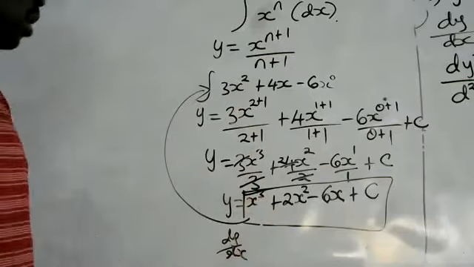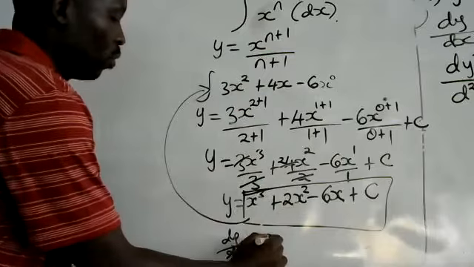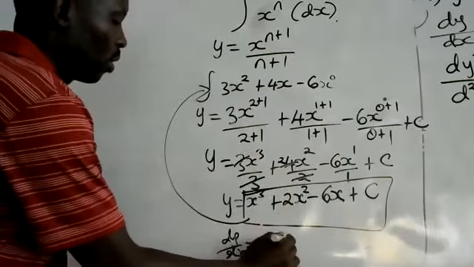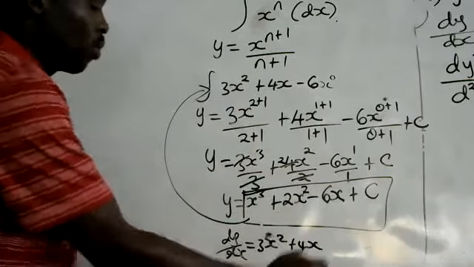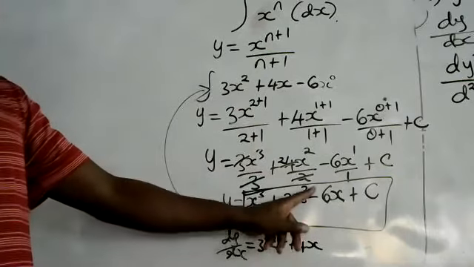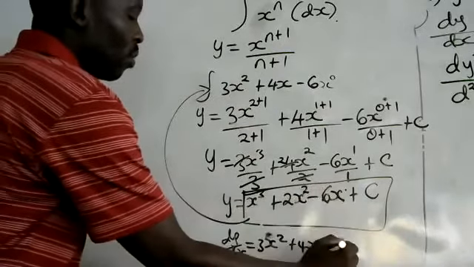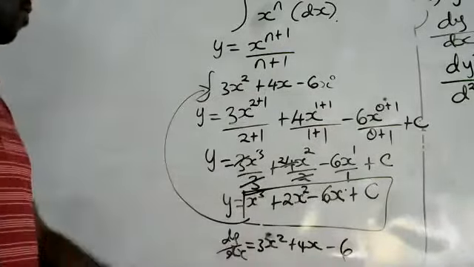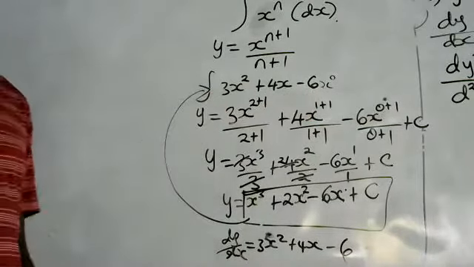Because 3 times 1 is 3, and then you minus the power to 2, x power 2. This times this one is going to be 4. The power will minus 1, you get this. Minus, this was 1 times this one is going to be minus 6. You find that you are coming back here. You integrate, you go back to the initial.